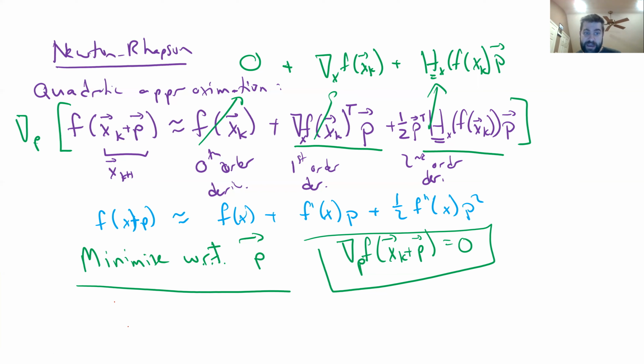So we end up with the Hessian evaluated at x_k times P has to equal the negative gradient with respect to x evaluated at x_k.